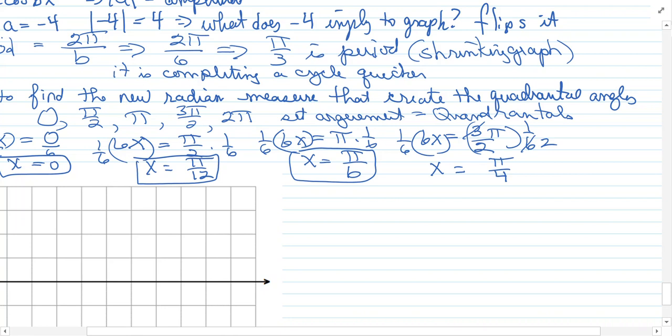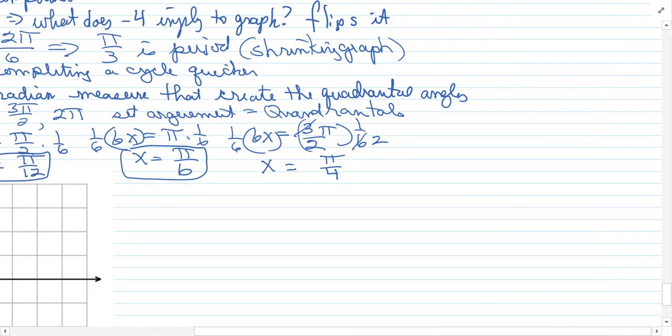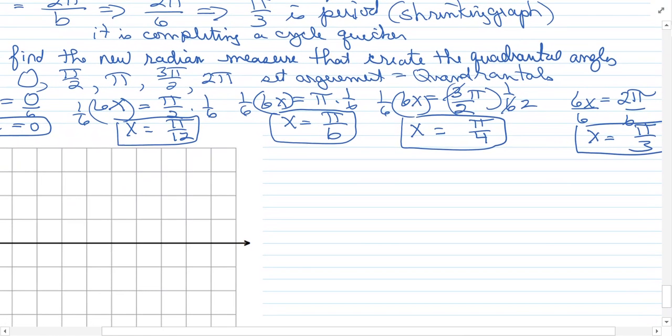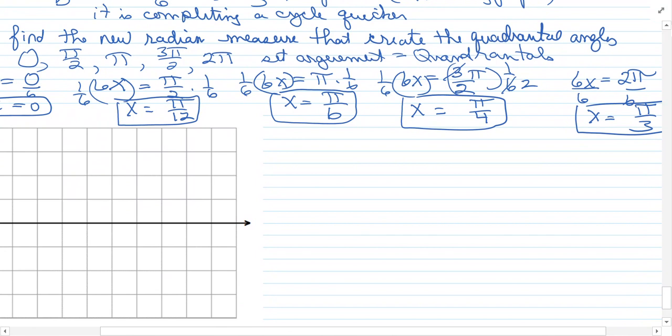And then I'm going to take the last one, which is 6x is equal to 2 pi. I'm going to divide that by 6. So x equals pi thirds. Notice that this starts at 0 and ends at pi thirds. All right, so I have all of my new radian measures.